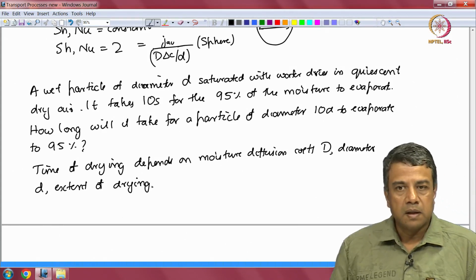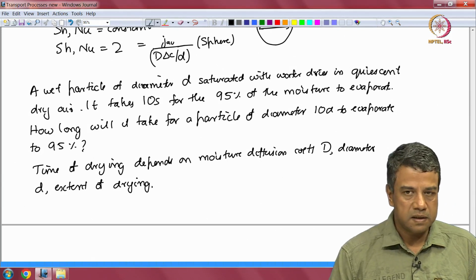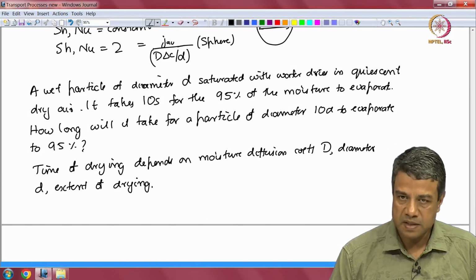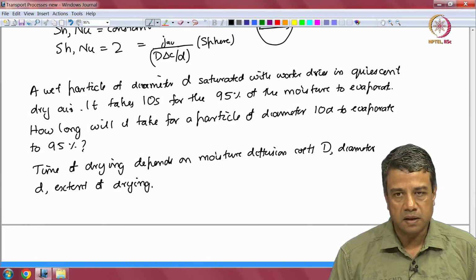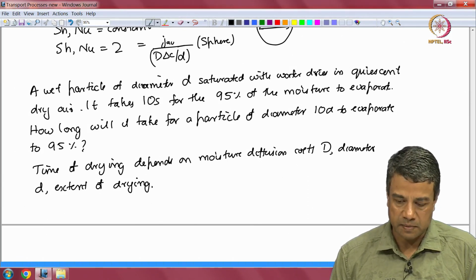In this case, the extent of drying is a dimensionless parameter, 95%. 95% has to dry. So, the extent of drying is a dimensionless parameter.